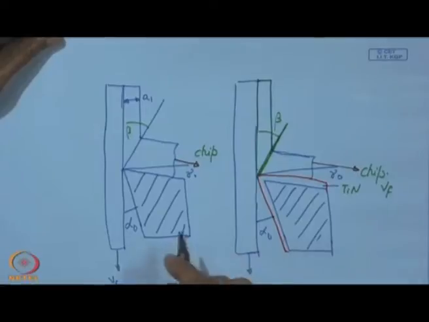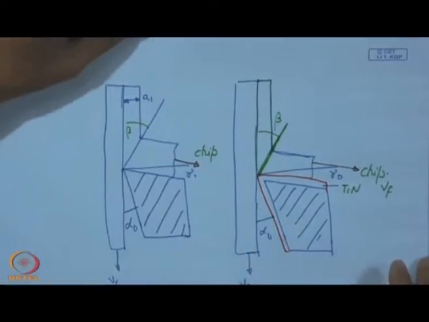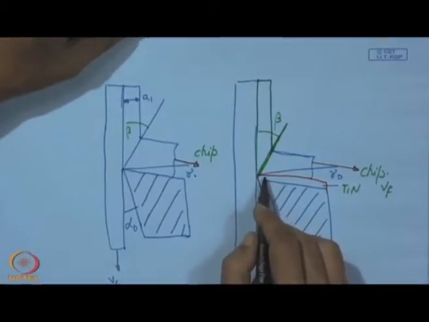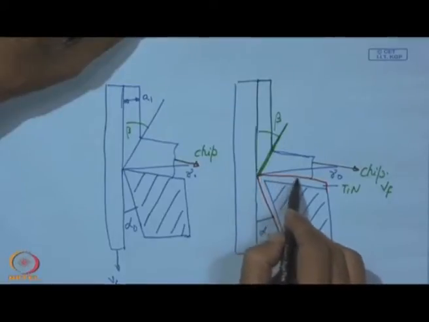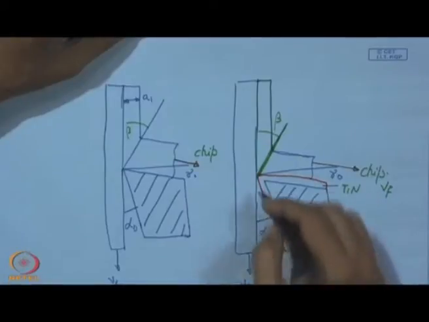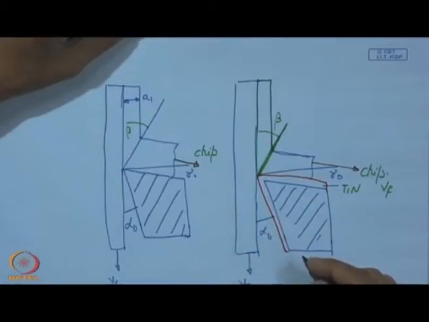Now, on the tool we actually have two surfaces. This is called the face over which the chip is sliding, and this side is called the flank of the tool, and that flank is actually facing the machined surface.